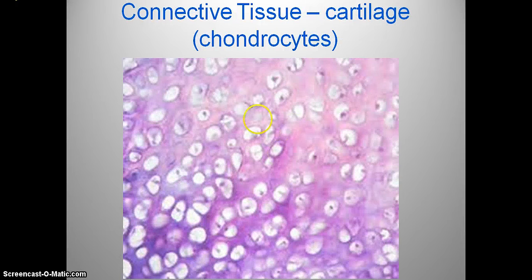Connective tissue cartilage. This is a cell, notice nucleus. That's another cell, notice nucleus. Another cell, nucleus in the center. We have plenty of cells here, but what I'd like you to pay attention to is the space or matrix in between. Intercellular space is filled with different types of collagen, proteins, fibers, and other substances which are produced by the cells and secreted outside through the cell membrane.